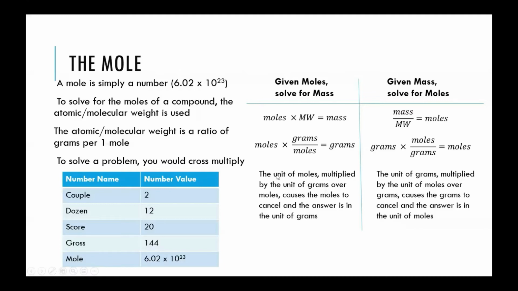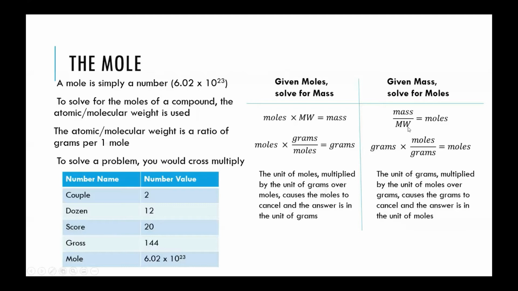So when you're given a mass of something in a question or in a lab, it's best to always convert it to the number of moles that it actually is. So if you're given a mass, that can be converted to moles by dividing by the molecular weight.